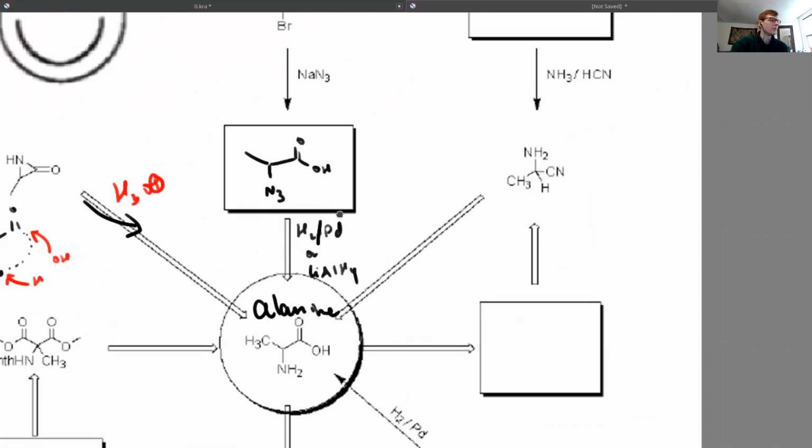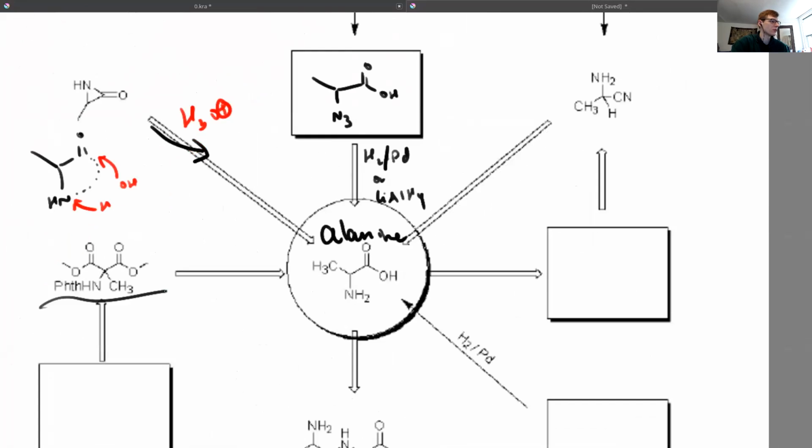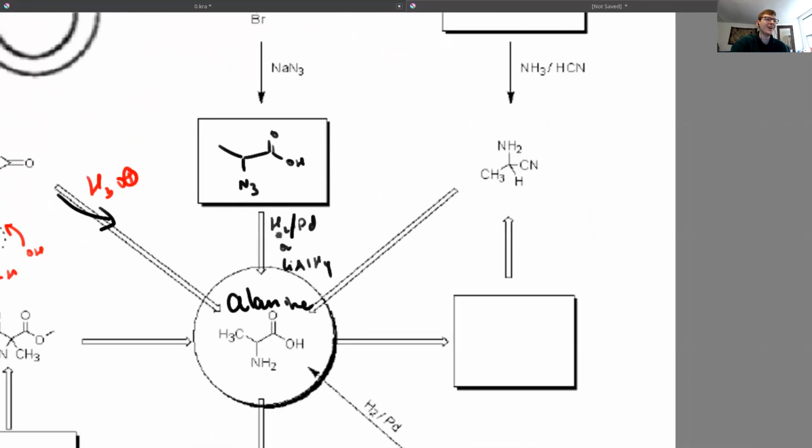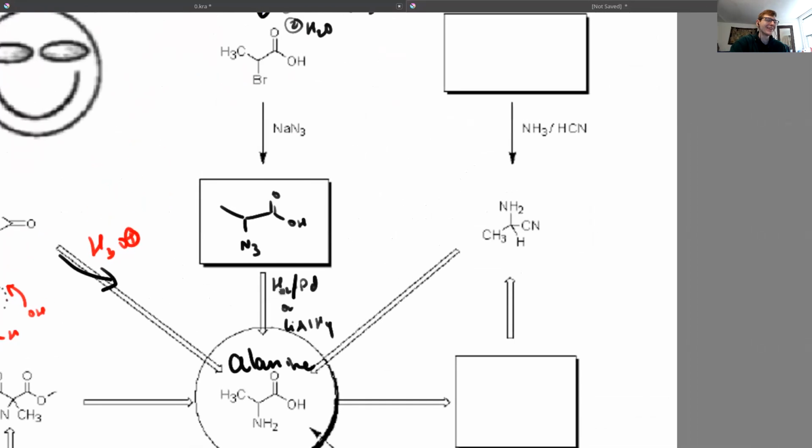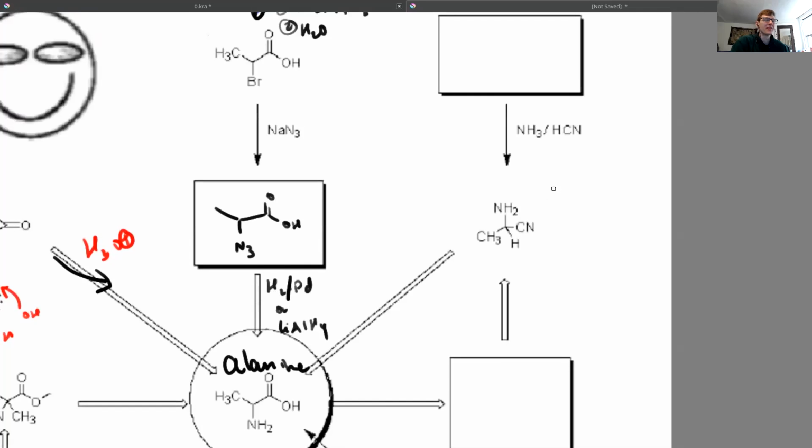Okay, cool. This thing looks too complicated, so maybe let's avoid it for right now. Let's go over here then. We want NH3 and HCN. So that's a Strecker. So you'll just need to add an aldehyde that would get you there.